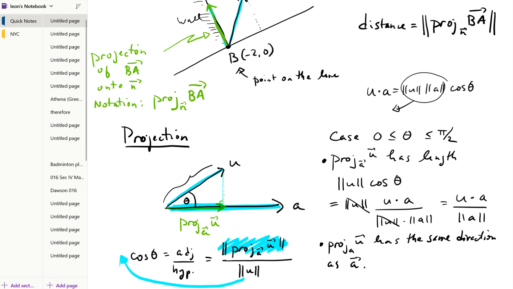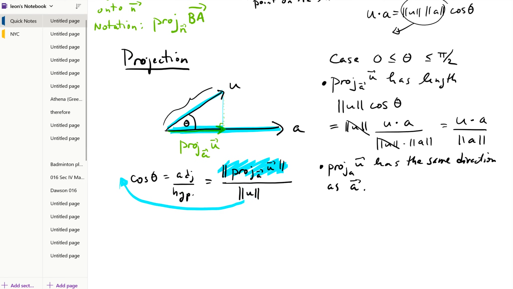I know the length. Now, if I want to create a vector with a given length pointing in the direction of a certain vector, this is something we solved in the previous section. So maybe let's recall this result.